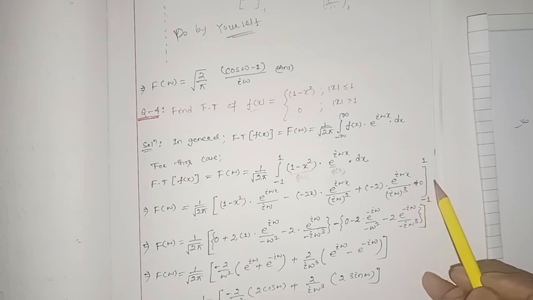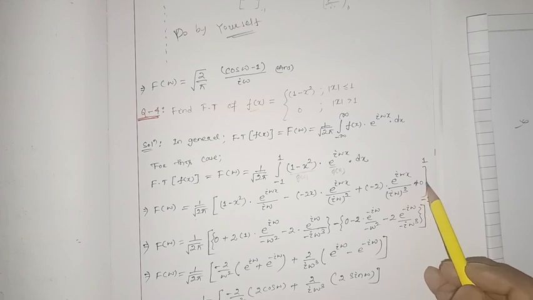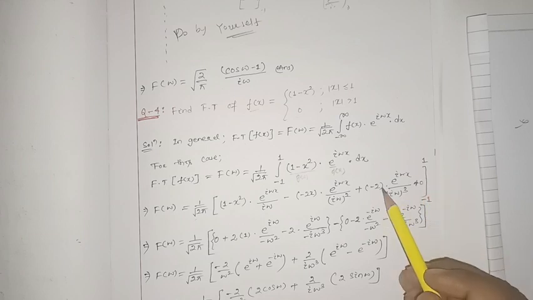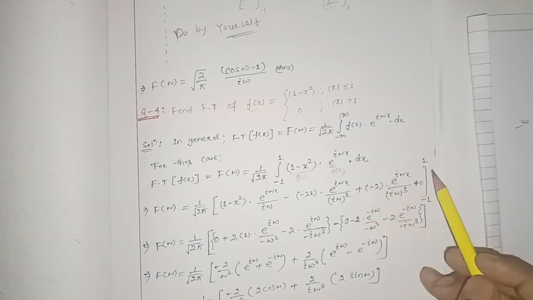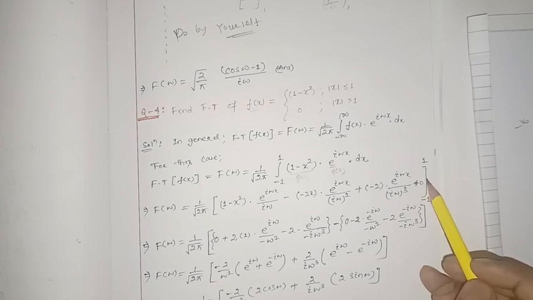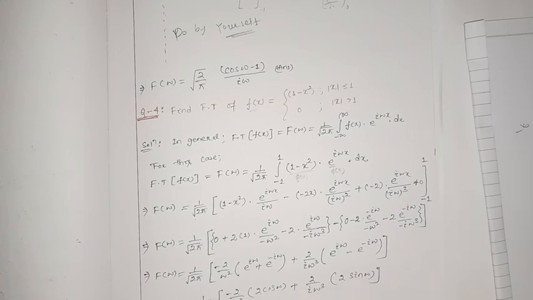Then the other terms will be 0, because the next derivative of g(x), that is the derivative of minus 2, will be 0. Other terms would not appear.